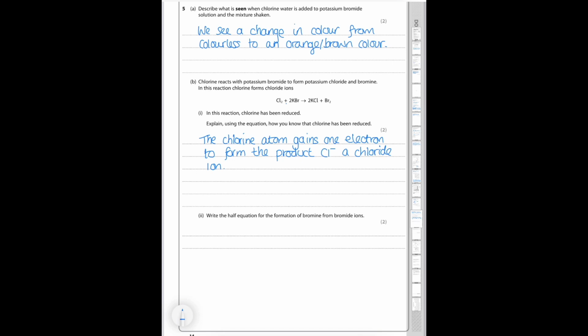Now in part 2, we have been asked to write the half equation for the formation of bromine from bromide ions. So if we start with bromide ions, they are Br minus. We are told we are going to make bromine.